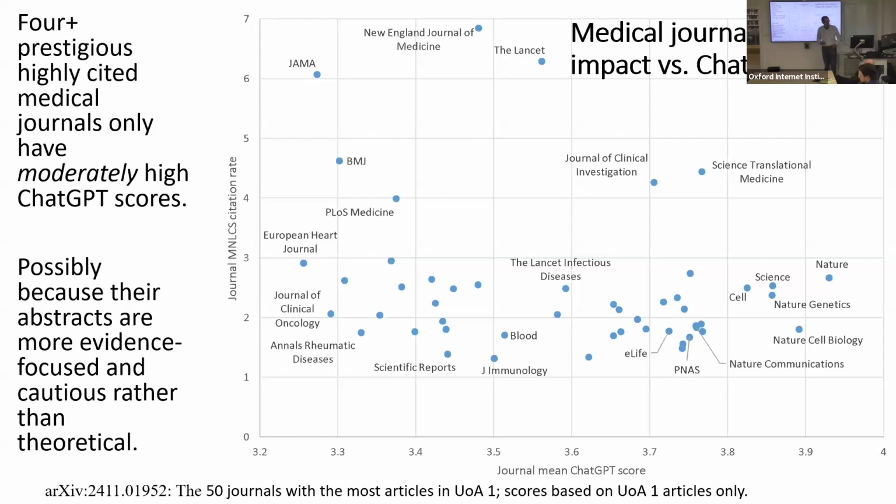So ChatGPT relatively underscores clinical medicine research, which is what's published in the Lancet and New England Journal of Medicine in particular. So I looked at these articles to see why ChatGPT is not giving them a high score. And I think the answer is partly because the abstracts are super dry.